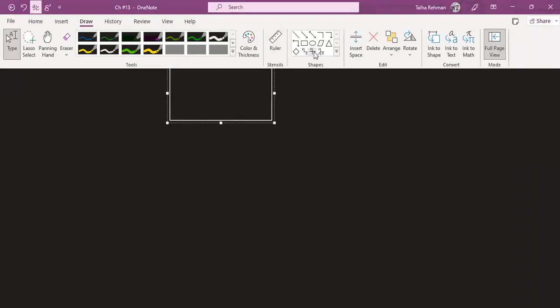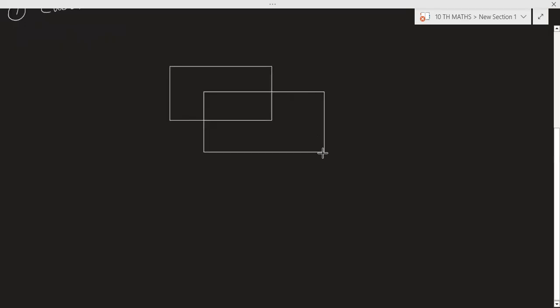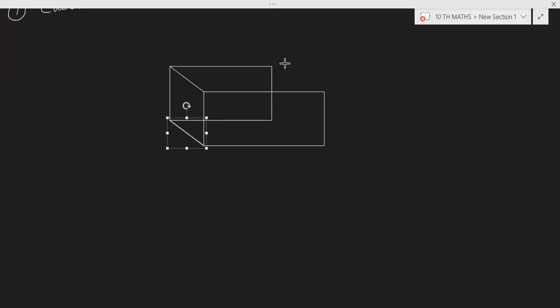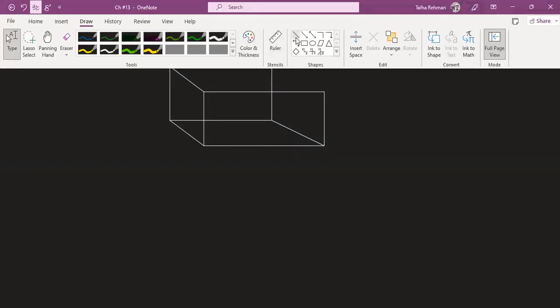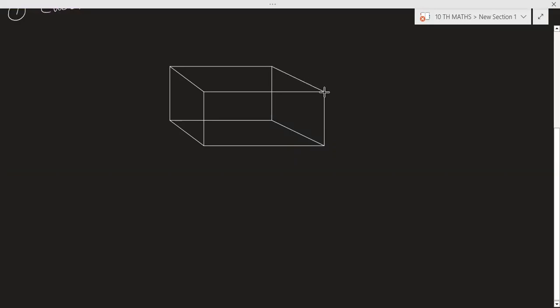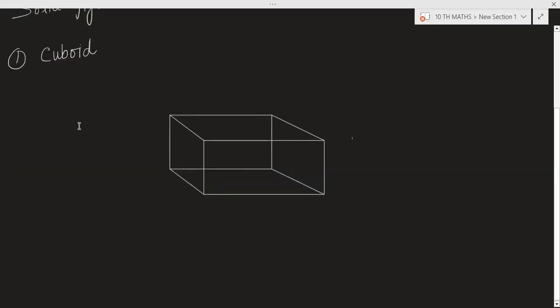So the cuboid is like this. This is a cuboid, a 3D figure.